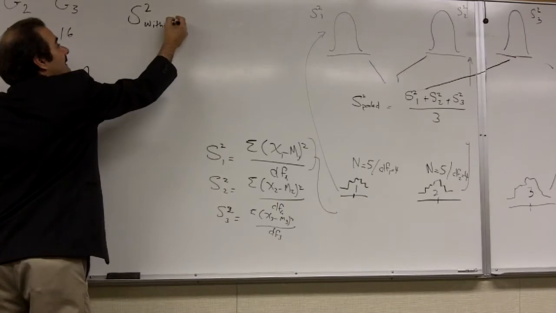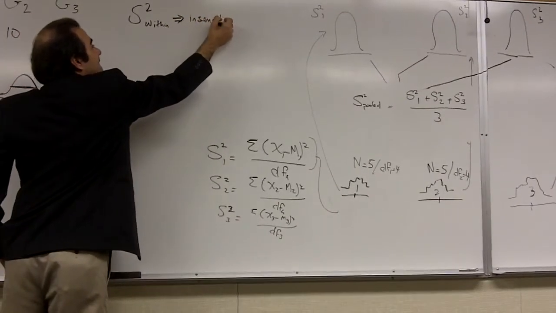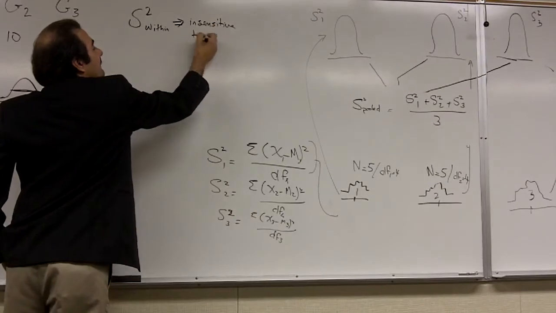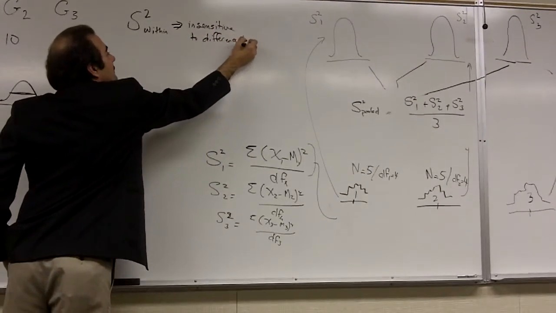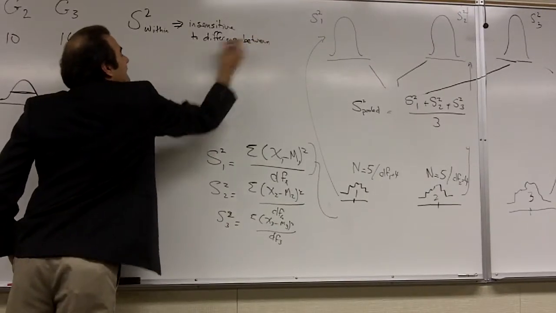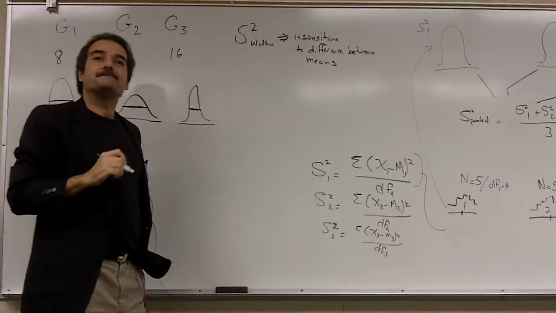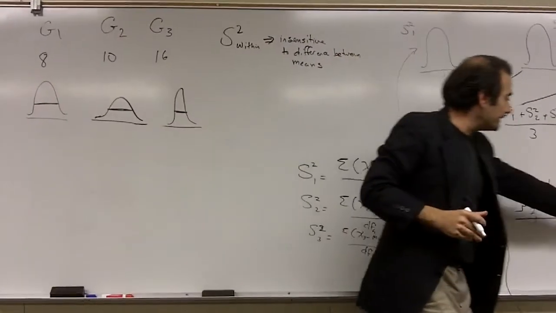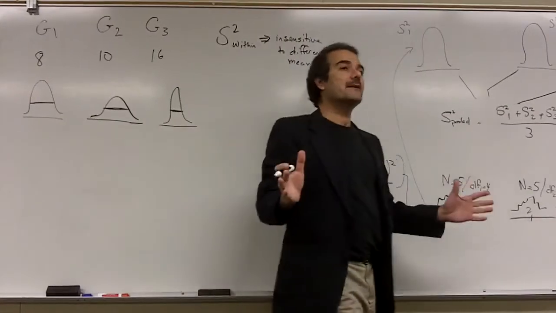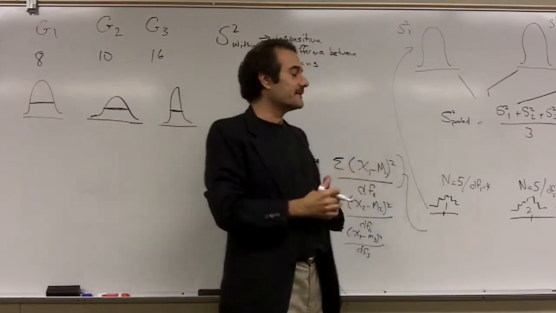As I said, s squared within is insensitive to differences between means. Everybody okay with that? Meaning that if these means start to differ from each other, it won't make a difference in the sum here. It makes no difference.